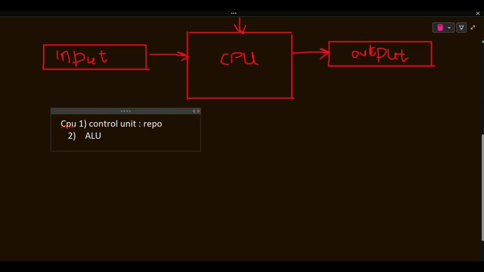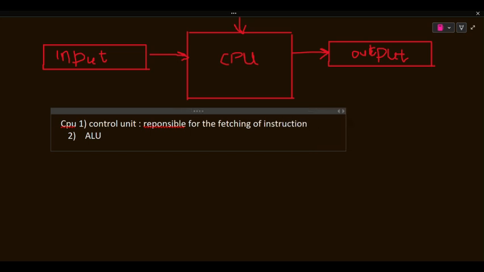Control unit is responsible for the fetching of the instruction. It identifies which operation is to be performed. And the arithmetic logic unit, ALU, is responsible for performing the arithmetic operations and the logical operations.